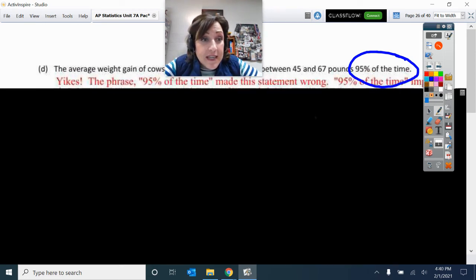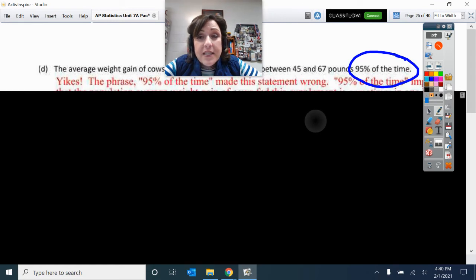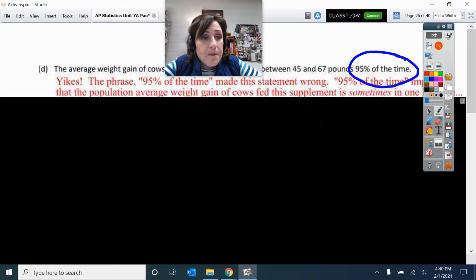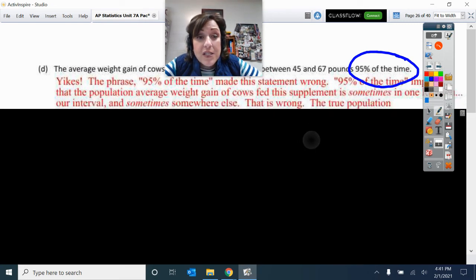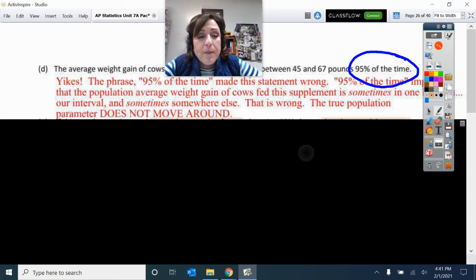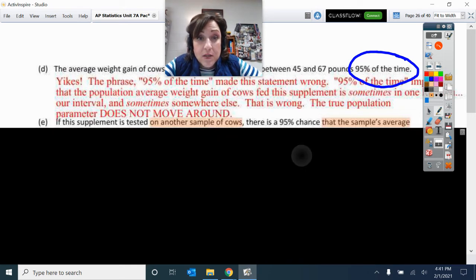So that's a no-go. 95% of the time made this statement wrong. It implies that the population average of weight gain of this food supplement will sometimes be in one of the intervals and sometimes it'll be somewhere else. That's wrong. The true population parameter does not move around. It stays, it is that amount.